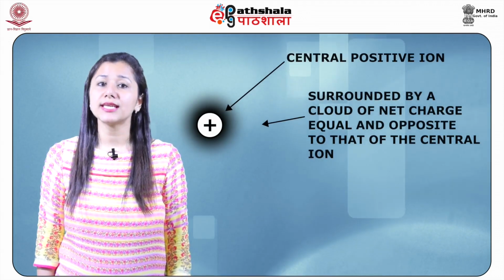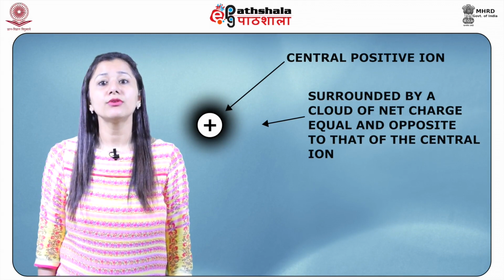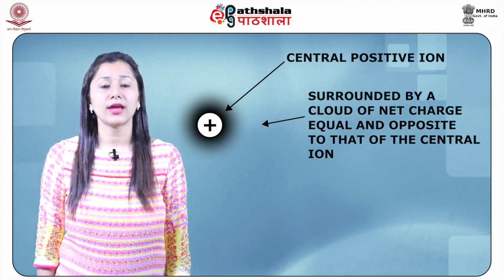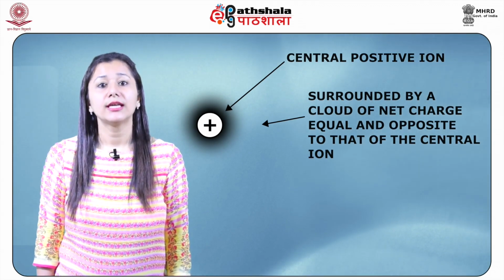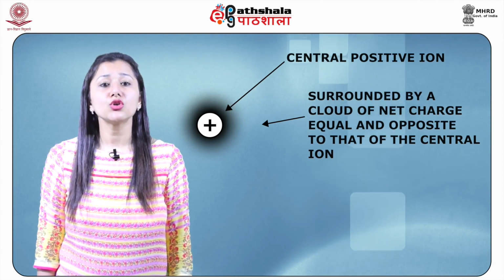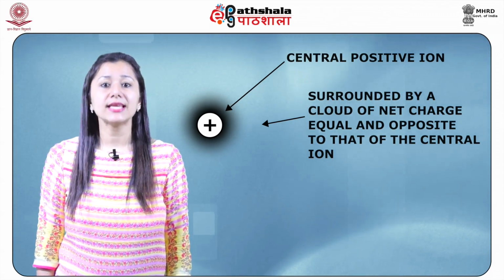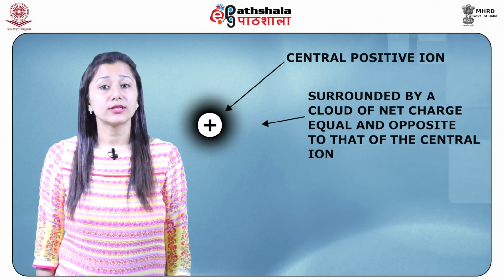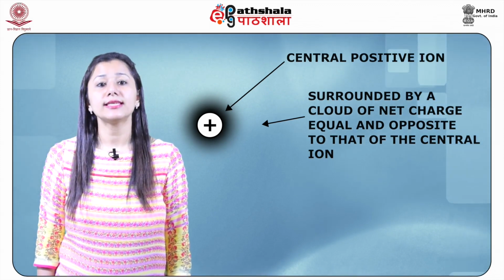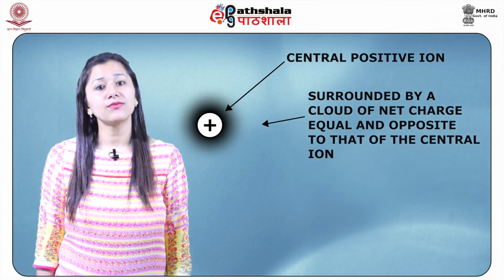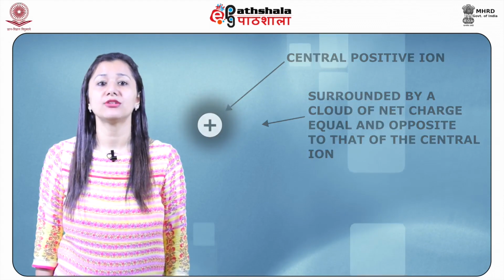In order to understand this distribution of ions, we need to understand the physical significance of equation 5. The arbitrarily chosen central reference ion is surrounded by a cloud or atmosphere of excess charge. This is shown in the figure, which shows the distribution of excess charge density around a central ion can be visualized as a cloud or atmosphere of net charge around the central ion.